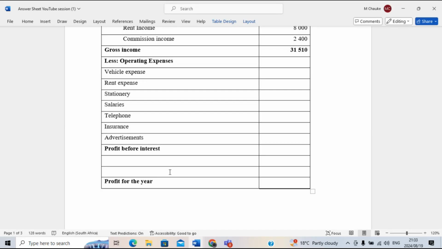So now here we're going to add interest income here. Add interest income, right? And then we're going to less, just completing the format, less interest expense.